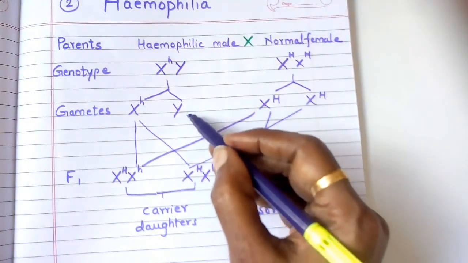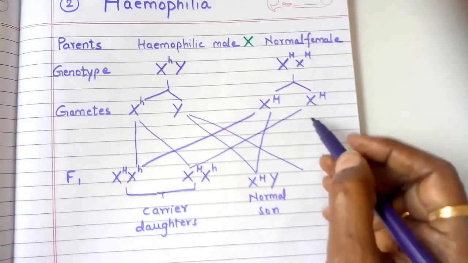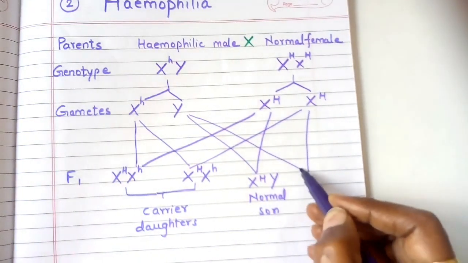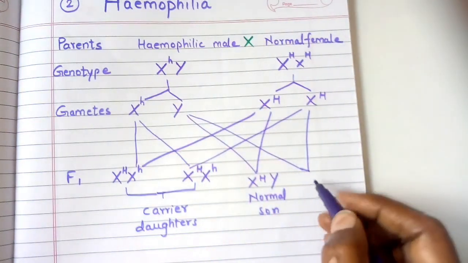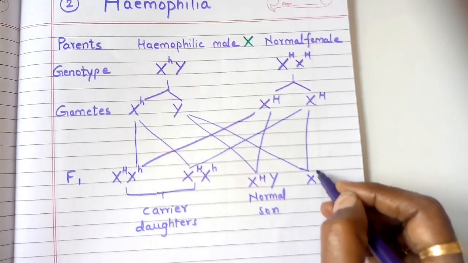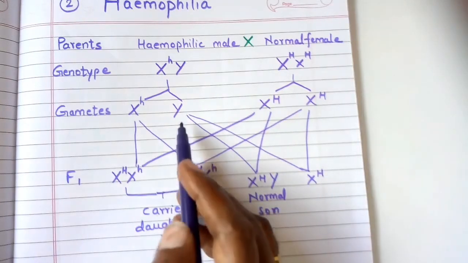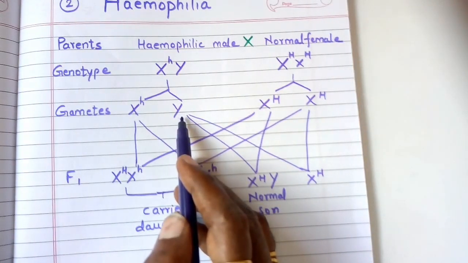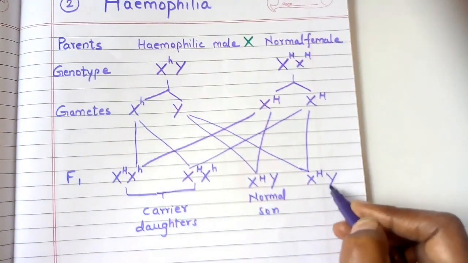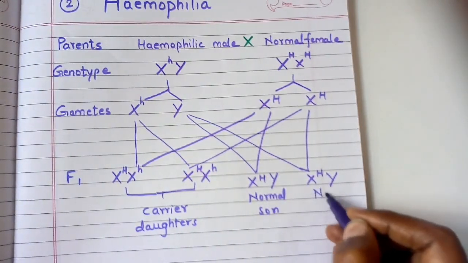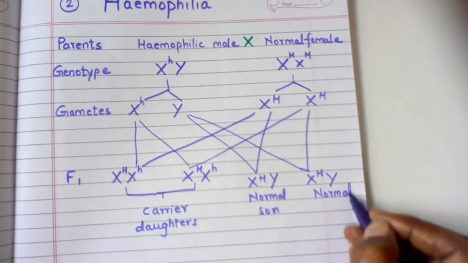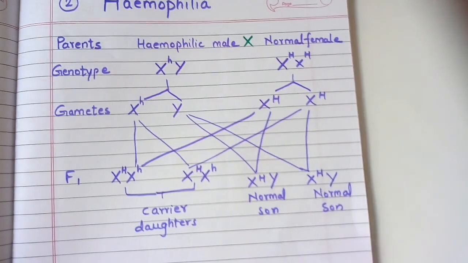Again we cross this Y with this one. So this is XH and Y, but our rule is that first we write the X chromosome and then the Y chromosome. When dominant genes are present, they are normal, so this is also a normal son.